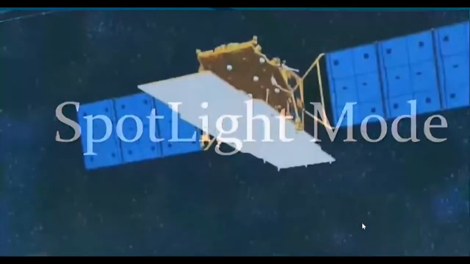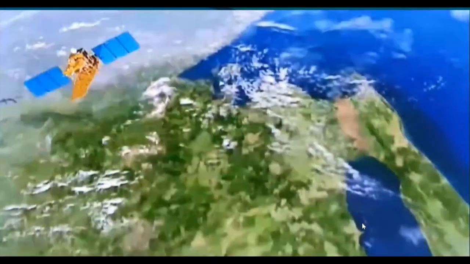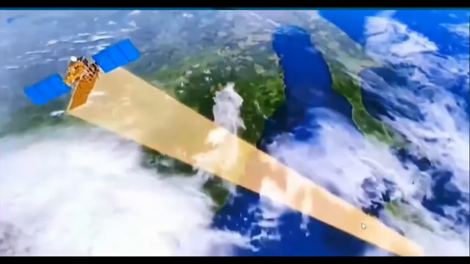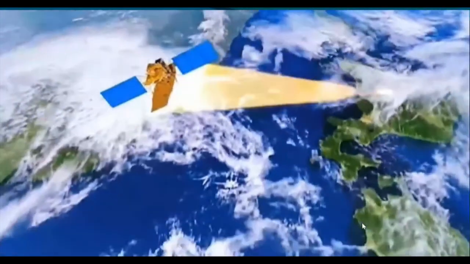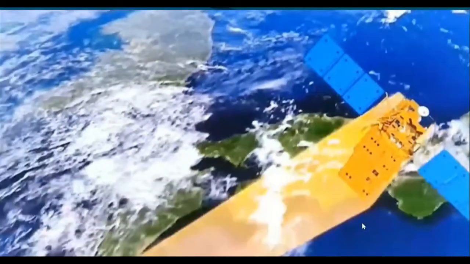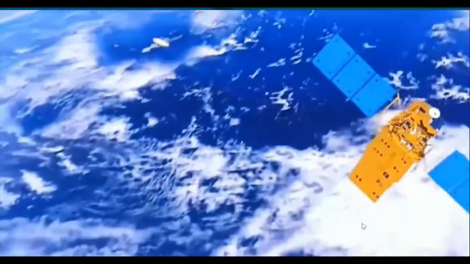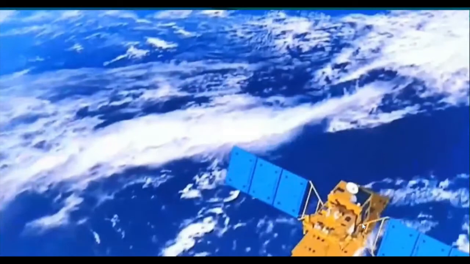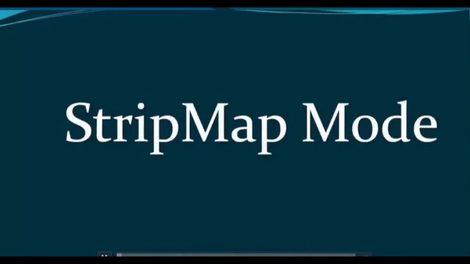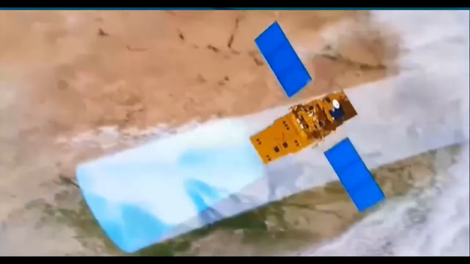The sensor focuses on a specific geographic area for a very long duration, and in this case also the sensor needs to be tilted, as you can see in this video. Okay, so let me play this video again and watch the differences. This is Strip Map.